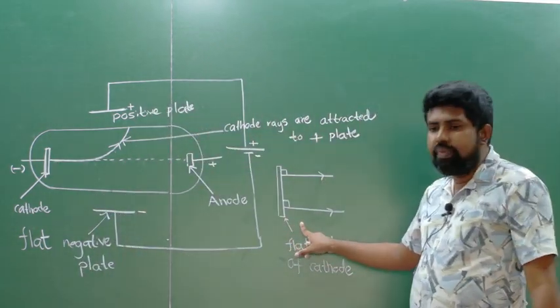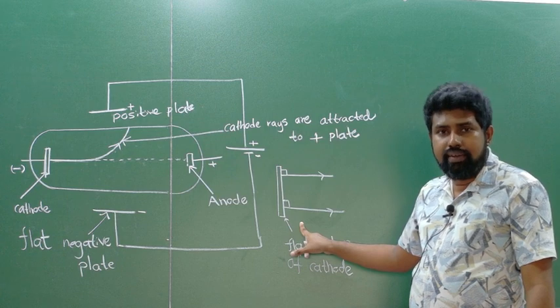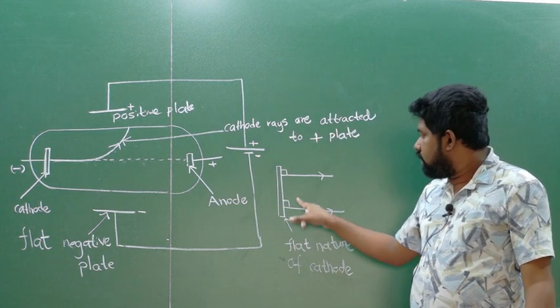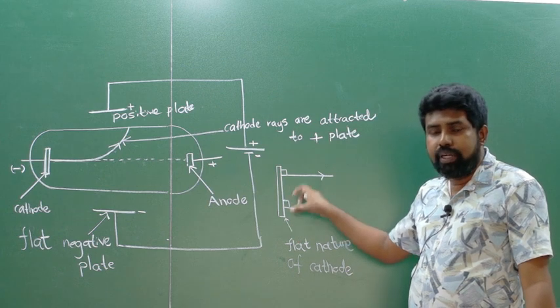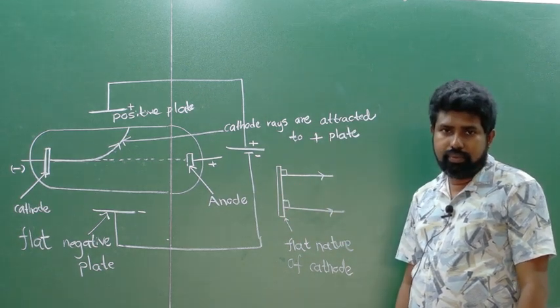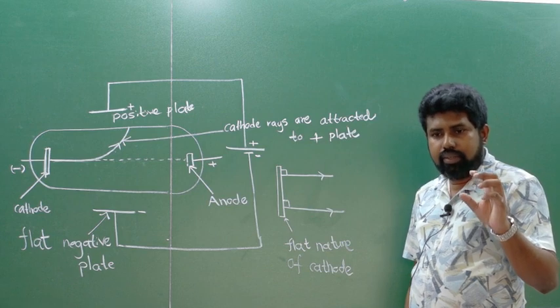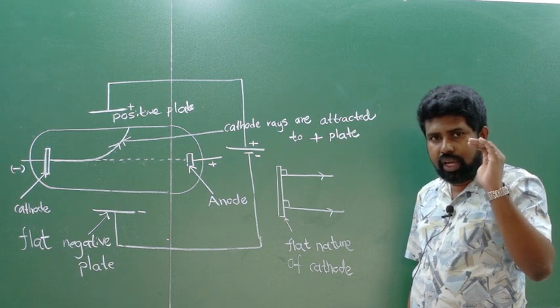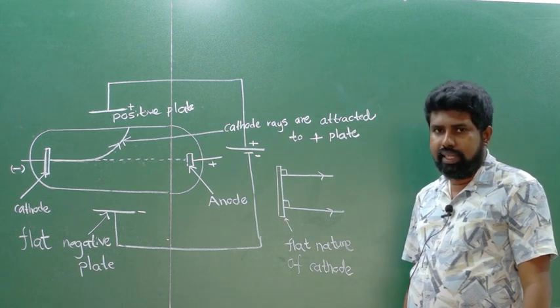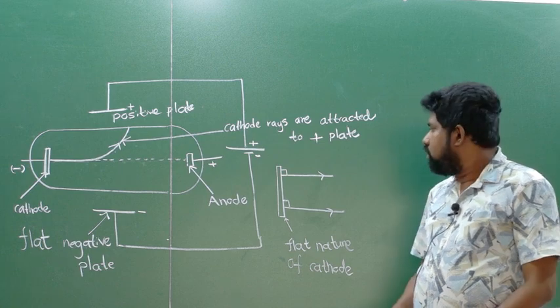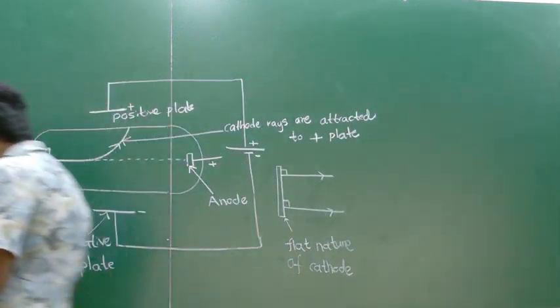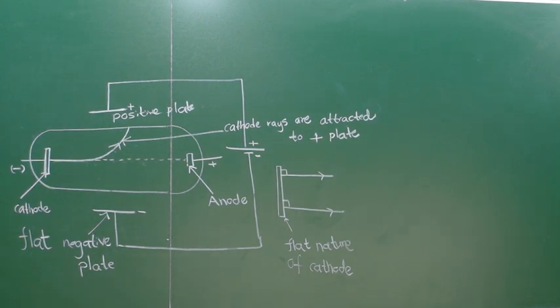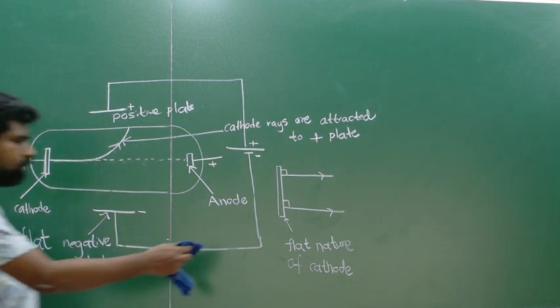So by using a flat cathode, we cannot investigate whether the cathode rays are originated perpendicular to the surface or not. So for that, what Thomson did was he changed the shape of the cathode. He used a concave shape cathode instead of a flat cathode.